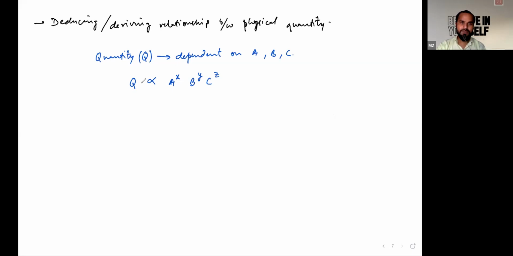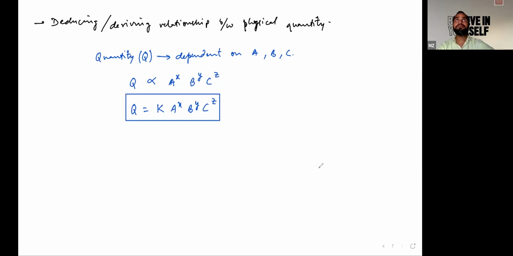Now, we have this particular proportionality sign. If you convert this proportionality, it would be Q is equal to some constant K, A raised to the power X, B raised to the power Y, and C raised to the power Z. So this should be your final relation for deriving any formula. Is it clear till this part? Yes, sir.